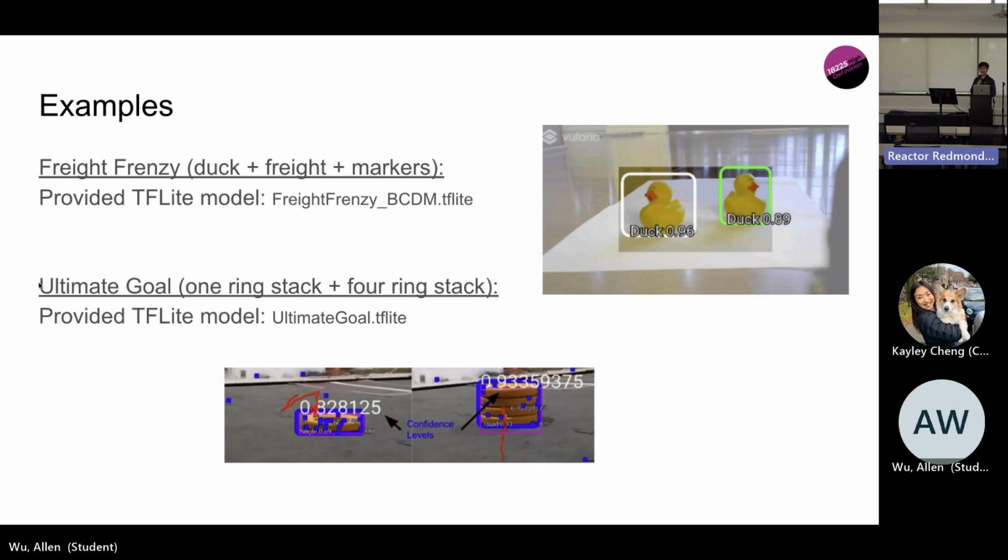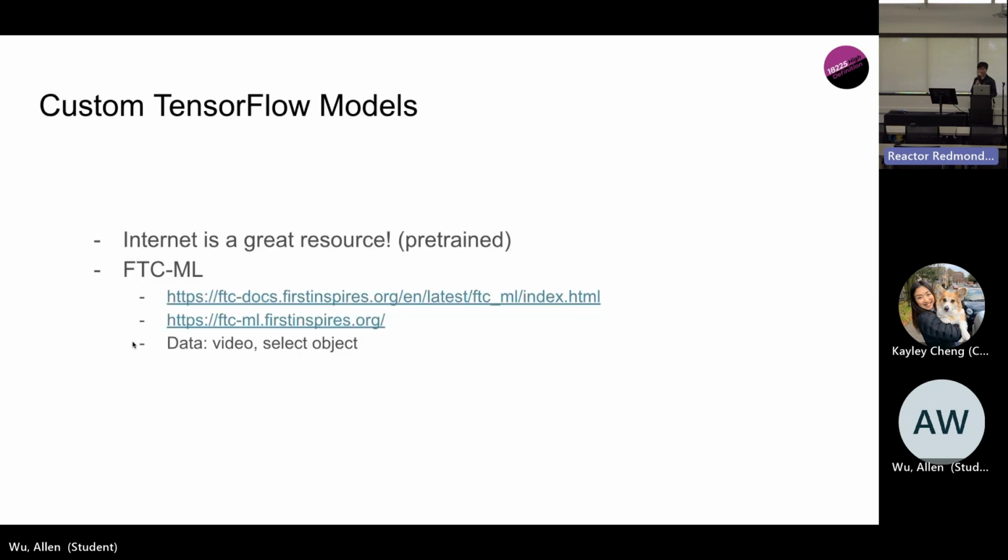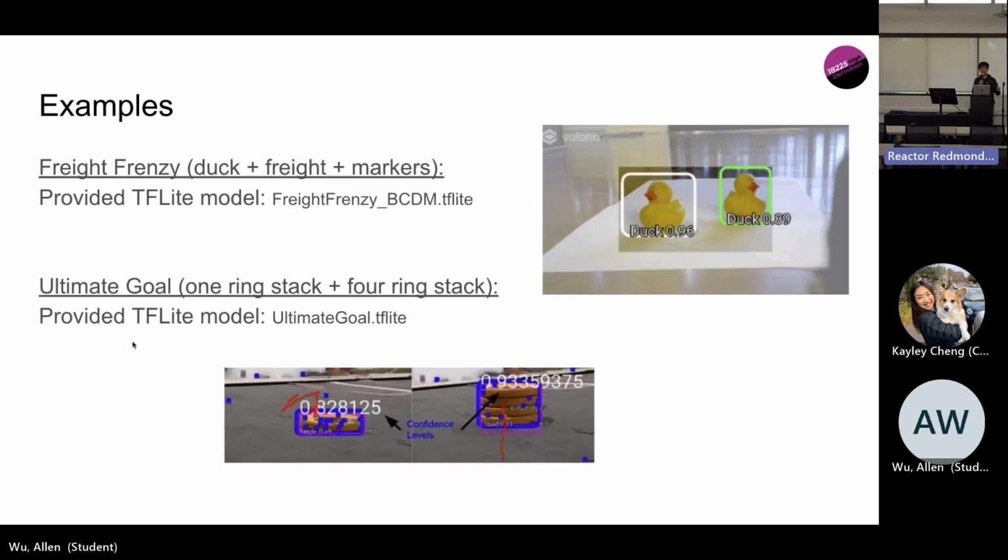Two years ago, we had Ultimate Goal, a game with rings where you had to shoot rings out of your robot, and there was a provided TensorFlow Lite model that was able to detect how many rings were in the stack, because the parking two years ago was determined by the number of rings in the stack. It could have 0 rings, which is an empty stack, the first parking option. Or there's 1 ring, a short stack, another parking option. Or there's 4.